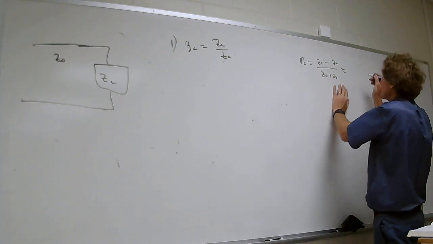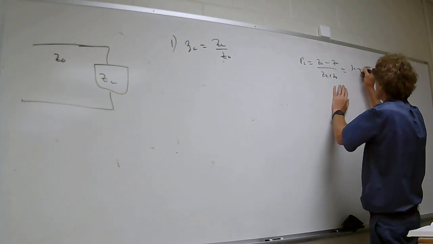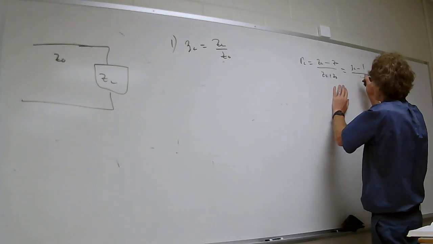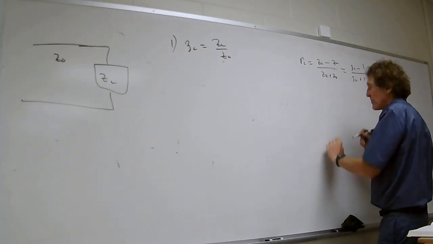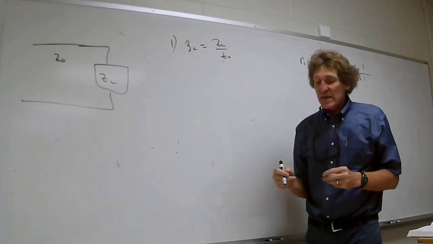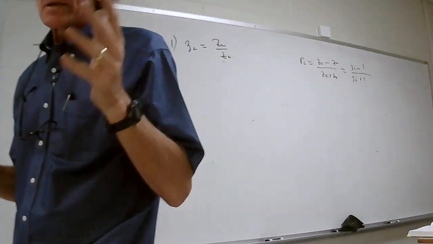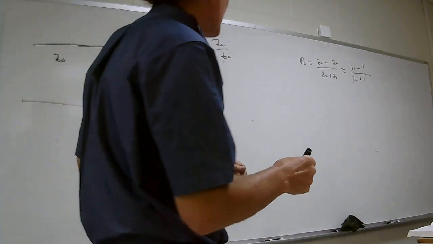So if I divide top and bottom by Z0, I get normalized ZL minus 1 over ZL plus 1. Do you all follow me on that? Now, ZL itself will have a real and imaginary part. Just try to appreciate this.